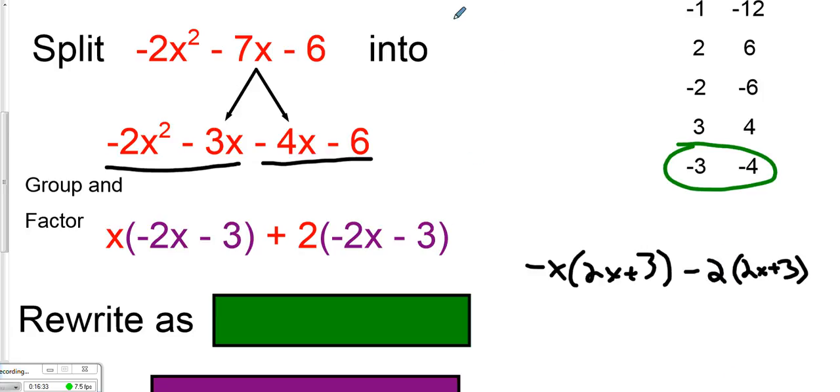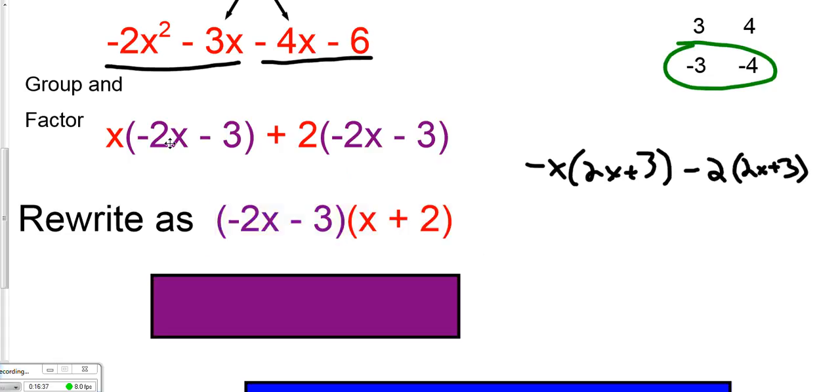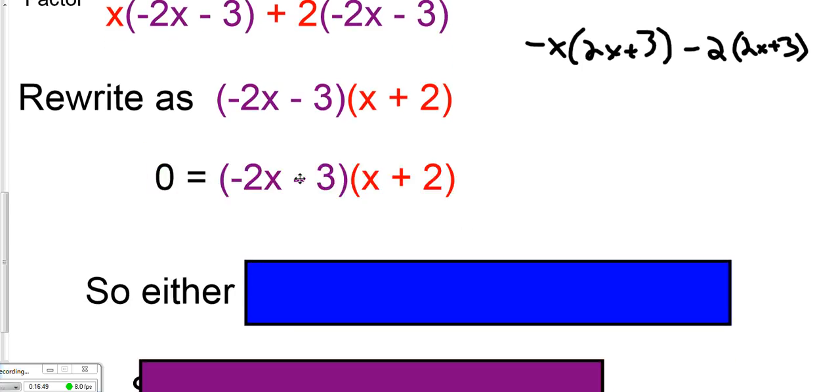Okay, so we're going to look at two different options to factor this one. I rewrite this version as negative 2x minus 3 and x plus 2. So I would say 0 equals all of this.